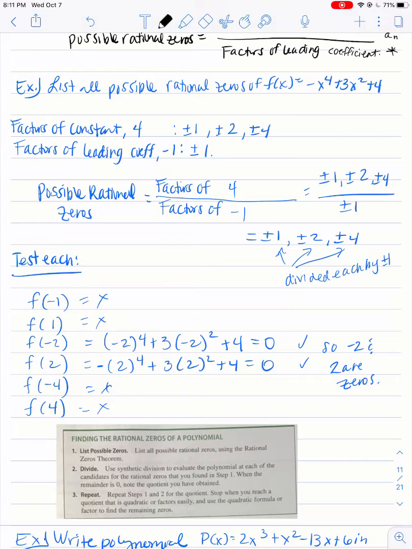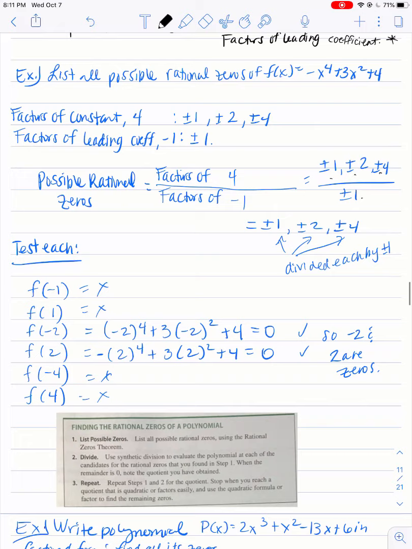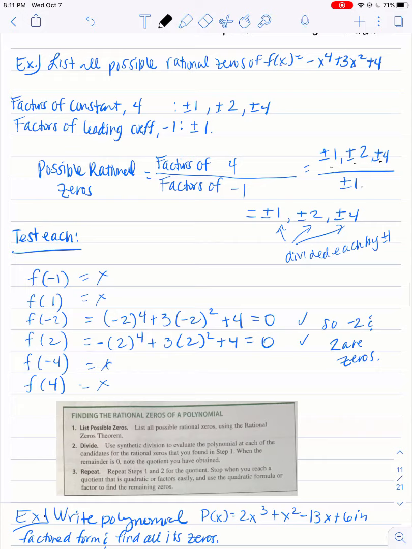Our possible rational zeros are any combinations of these, so we divide each factor of 4 by plus or minus 1. Since it's just 1, we get the same factors: plus or minus 1, plus or minus 2, plus or minus 4. These are our possible rational zeros.